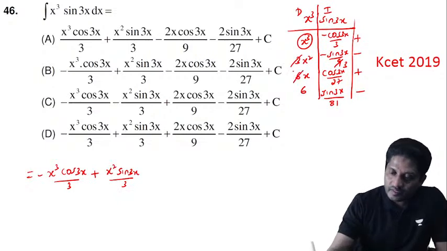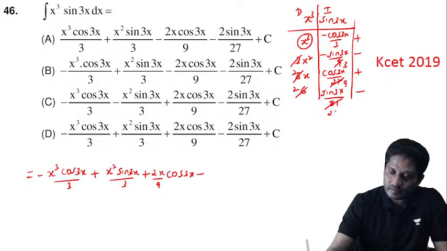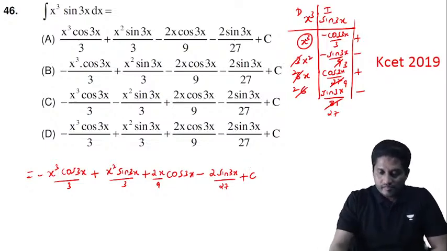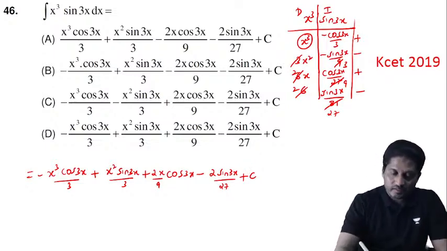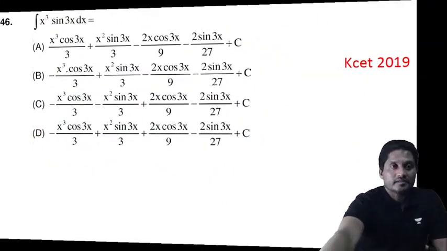Again if I multiply 3 twos, 3 nines, 27, plus this is equal to 2x by 9 and cos 3x. Plus of minus is minus, 3 twos, 3 twenty-sevens, minus 2 into sine 3x divided by 27. Okay, and then plus c. You will get the last option, guys. Answer is option D. 46 is D only. Let's move to the next question.